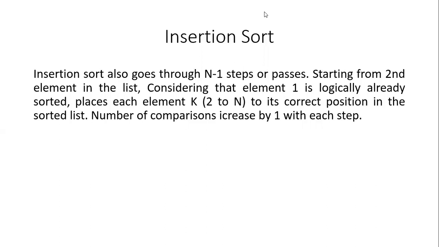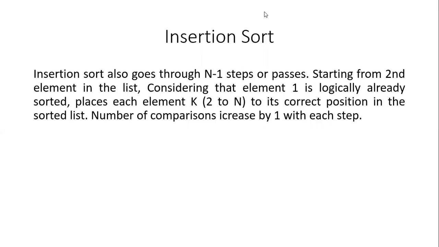So from the whole list we break that list into 2 parts. One is the first element and all the remaining elements. First element is at its correct position because we assume that with a single element the list is already sorted. Now we are going to pick up the second element in the list and place it in the correct position.